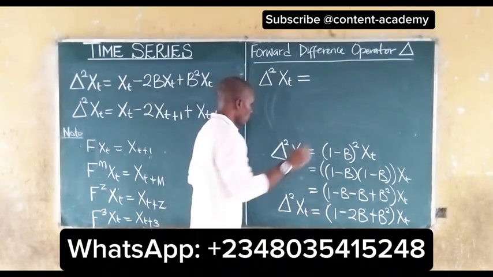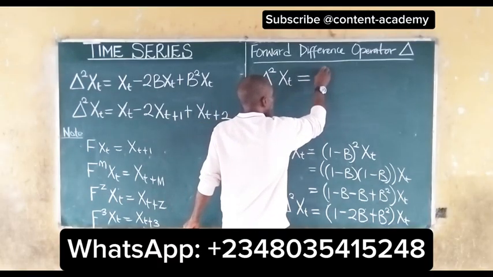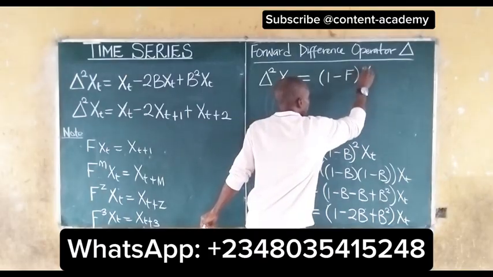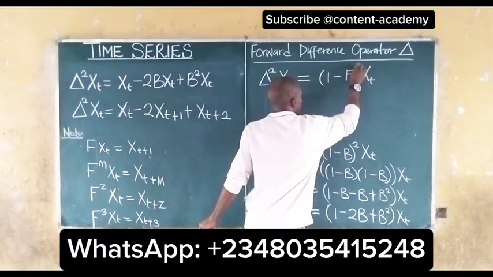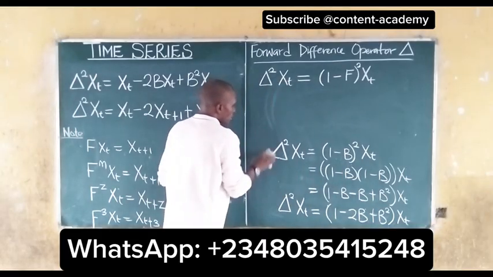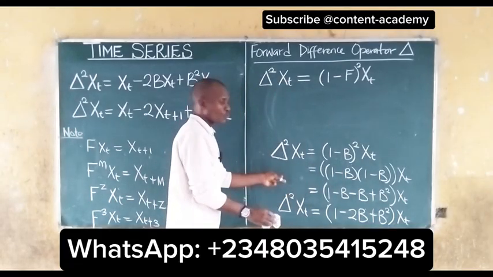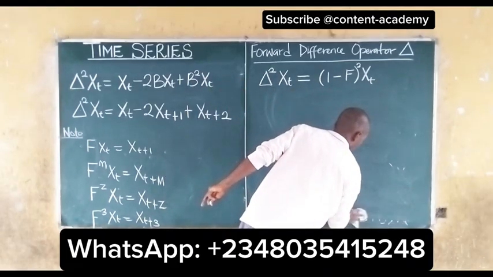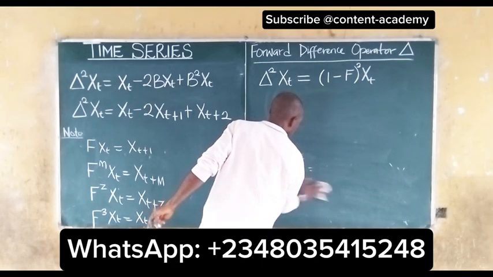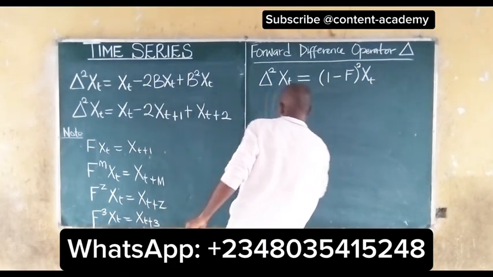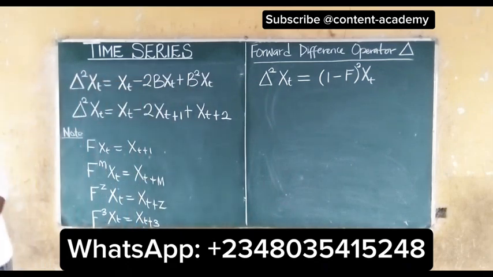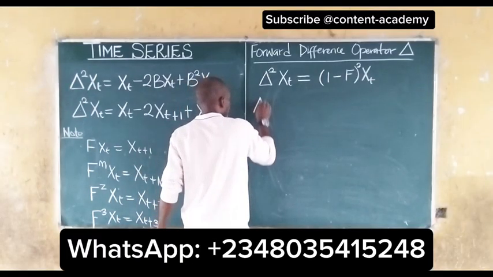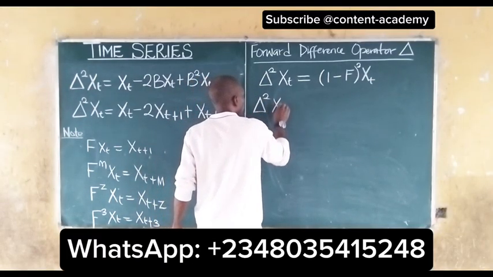We can write it as 1 minus F, then Xt. So it then means that all the process we went through there, we will do it there. So we just understand how the operator works.